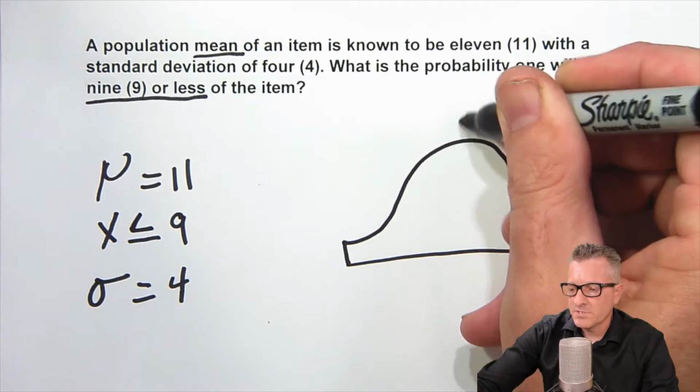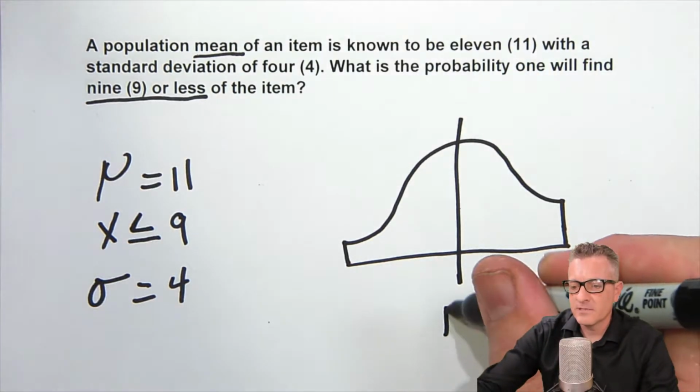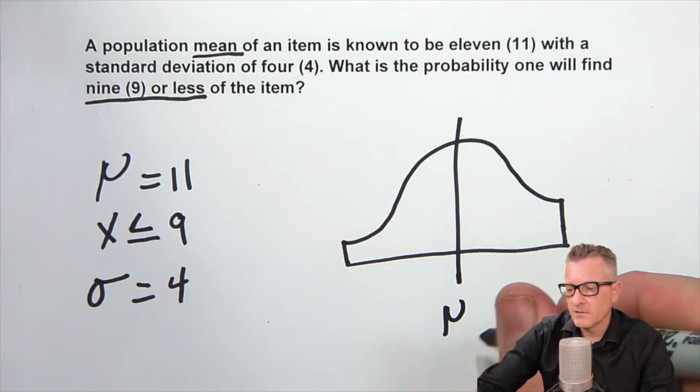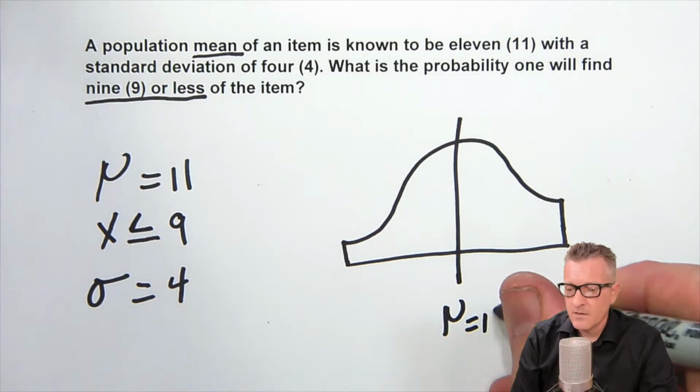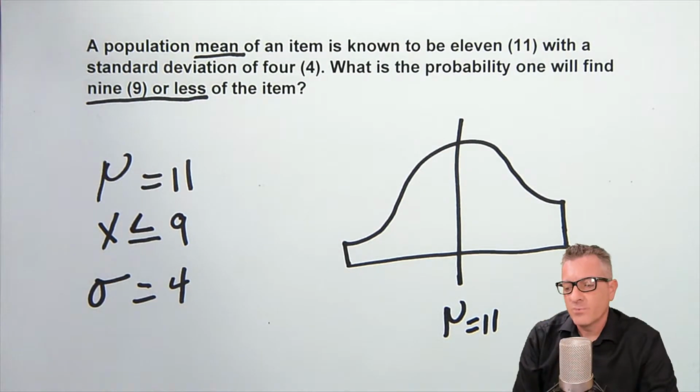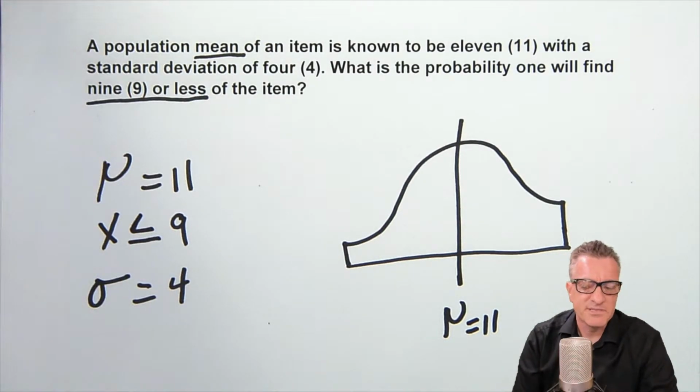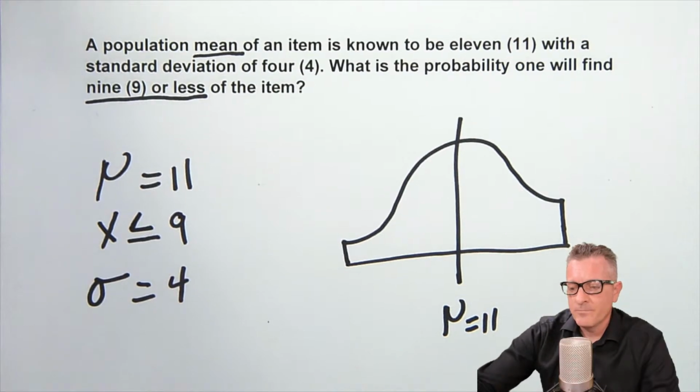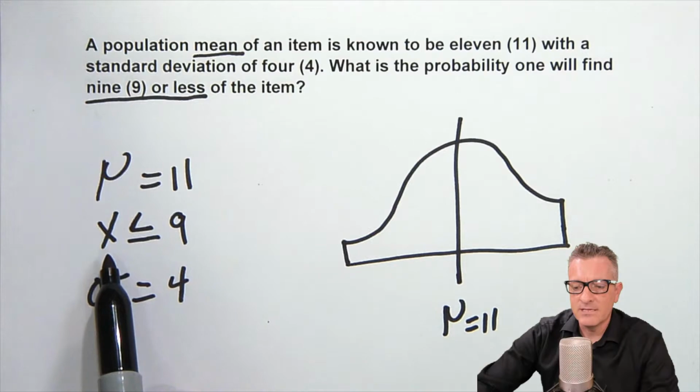In this case, mu is always in the middle, and mu equals 11. And then what we have to do is find out where we place our x. In sampling distributions, it's x bar. So our x is either 9 or less.